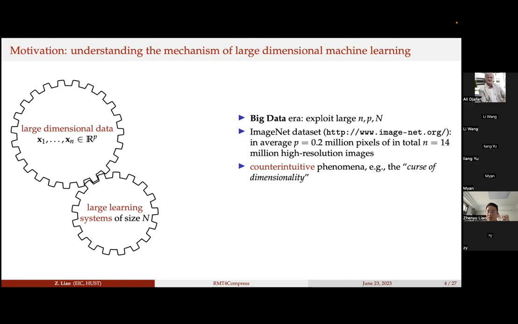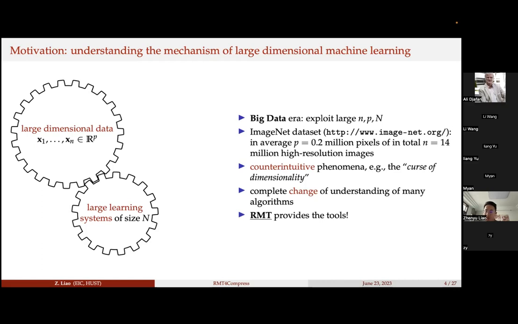We need new mathematical tools to fully understand what's happening in this new regime, to characterize how existing algorithms work in it, and eventually to propose new methods and fix existing ones that are not working properly, so that they perform well in this large dimensional regime where small n, small p, and capital N are all large.